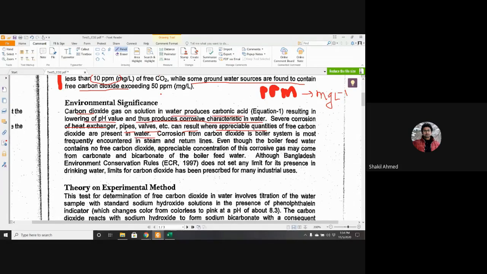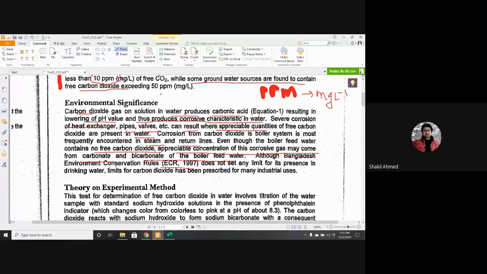Corrosion from carbon dioxide in boiler systems is most frequently encountered in steam and return lines. Even though the boiler feed water contains no free carbon dioxide, appreciable concentration of this corrosive gas may come from carbonate and bicarbonate of the boiler feed water.